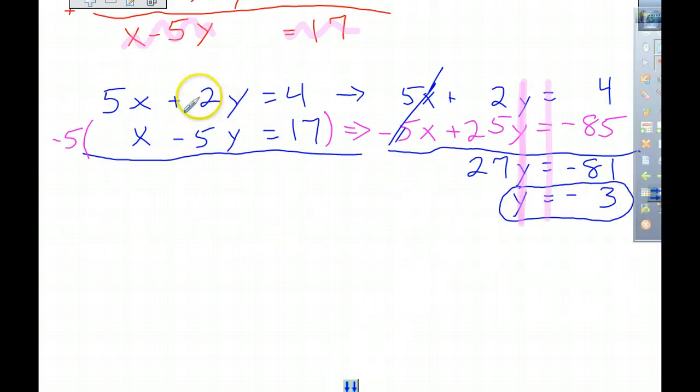Plug it back into either of the original two variable equations, just like we did before. Doesn't matter which. The bottom one will say minus negative 3, use parentheses. Plus 15.